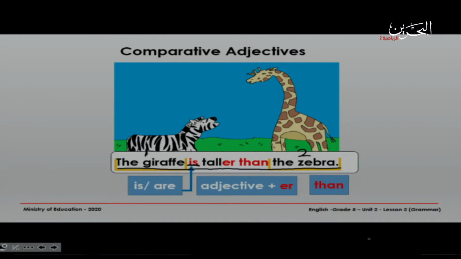So, the giraffe is. The adjective here is taller, and we added ER to the adjective to make it comparative. And then we added the word than. And finally, we write the second group, which is the zebra. So the giraffe is taller than the zebra.